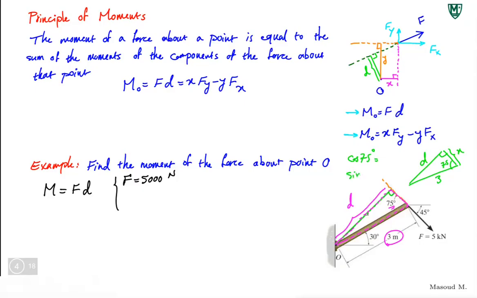Sine 75 degrees would be what we have in front, which is d over hypotenuse. Cosine, what would we have? What we have as adjacent, which is x over hypotenuse. So d would be 3 sine 75. Hopefully everyone gets where I'm going with this.